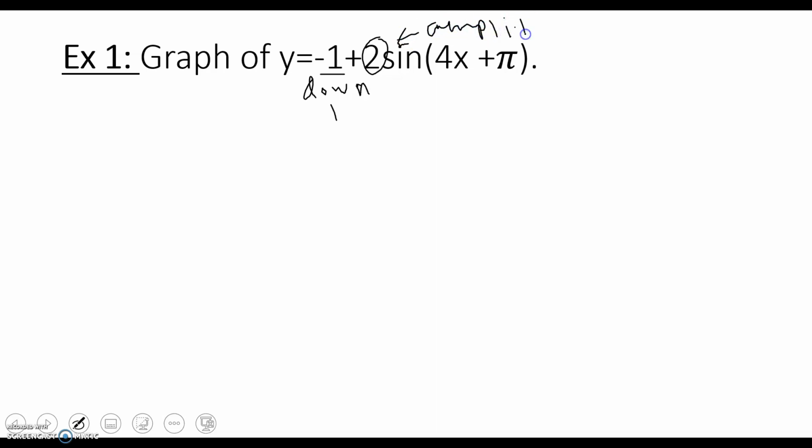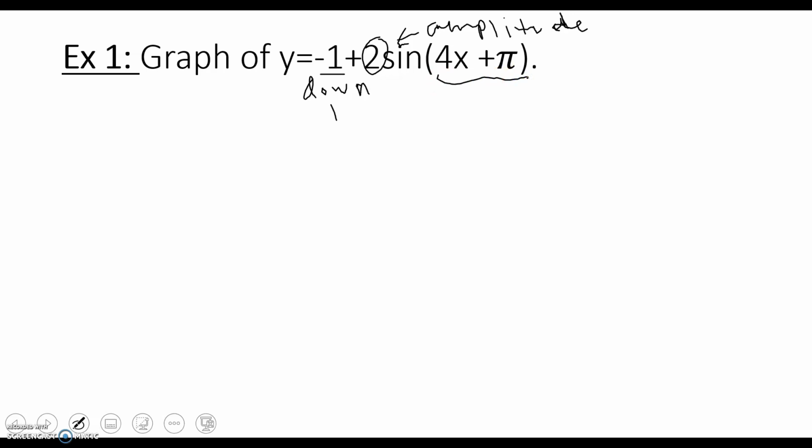Then we have this number that is going to change the period. However, that number has to be outside of the x, okay? I know it's next to the x, but because we have that plus pi in there, it's not considered outside of the x, okay? So what do I mean by that? Well, we need to first factor out this 4 out of this parentheses, out of this argument.